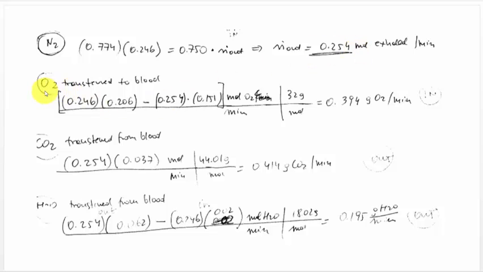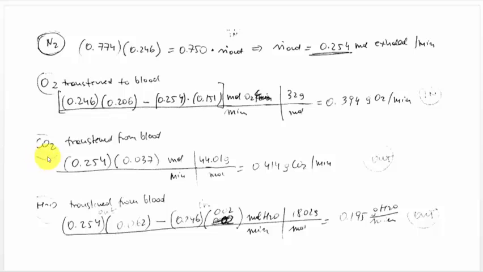Now we have to look at the component mass balances for oxygen, carbon dioxide and water. For the oxygen balance, we look at oxygen in minus oxygen out on a molar basis times the molar mass of oxygen, and this is equal to 0.394 grams of oxygen per minute.